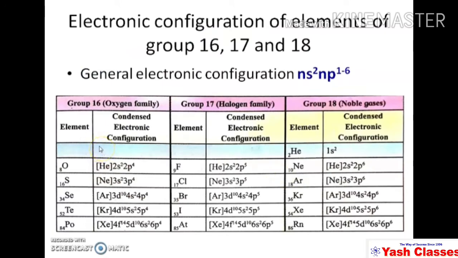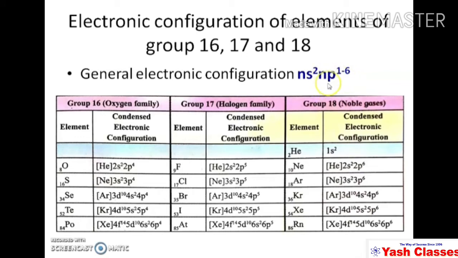Then the next important part is the electronic configuration of elements of group 16, 17 and 18. The general electronic configuration of p block elements is ns2 np1-6. It means in the case of p block elements, electrons are progressively added in the p orbital.